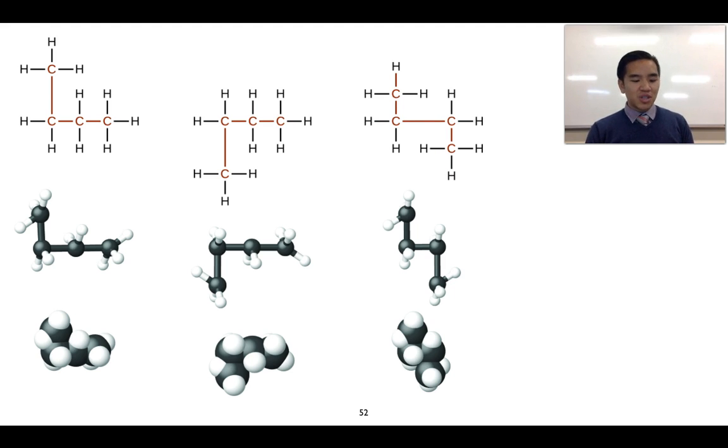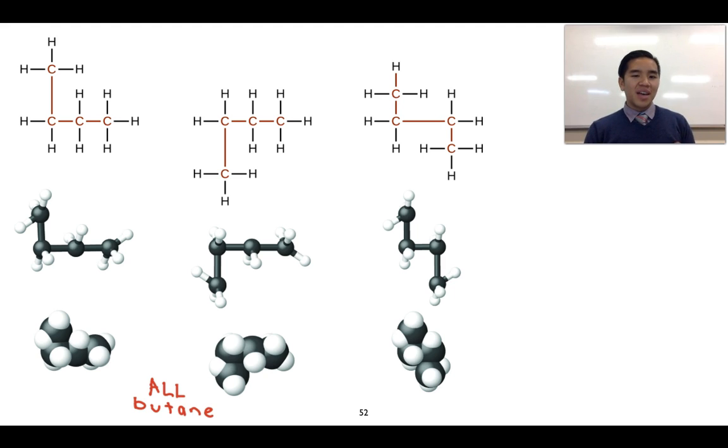And that's because these bonds themselves are known to be able to rotate, and so when they rotate, they can look like they have a different structure, but in actual fact, they don't. We just say that these are different conformations of the one compound, and these would just represent butane.